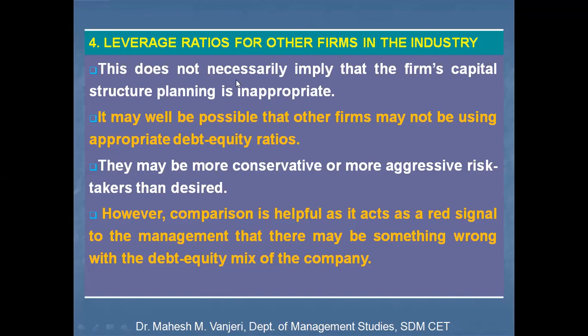And this does not necessarily imply that the firm's capital structure planning is inappropriate. Just in case, we'll consider companies A, B, and C. Company C is planning to raise additional capital, and they refer to the debt equity ratio of companies A and B. And the company finds that company C's debt equity ratio is far different than the debt equity ratio of companies A and B. That does not necessarily imply that the firm's capital structure planning is inappropriate.